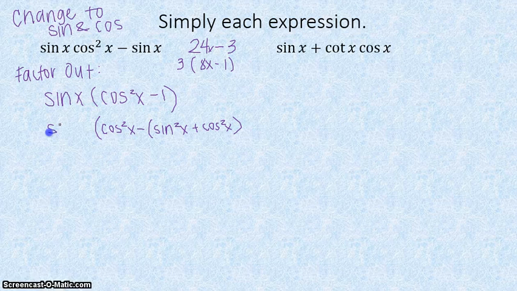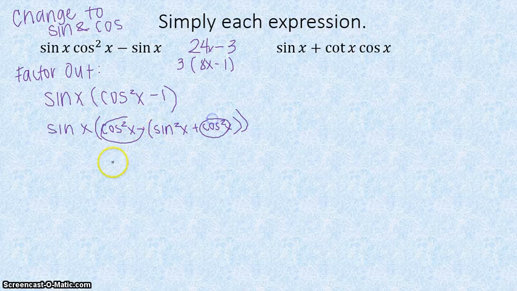Did not change my sine x out here. Cosine squared minus a cosine squared is going to cancel, and so I'm just left with negative sine squared x, and then times your sine x out here.